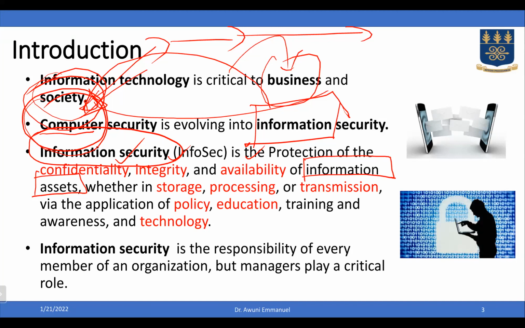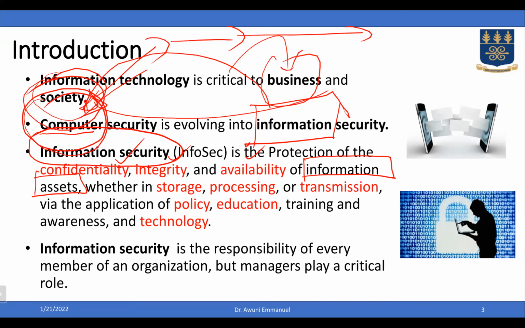So if anyone within the organization compromises the information security measures or controls, the organization is going to be hit hard. It doesn't matter whether you have the best ethical hacker in the organization.